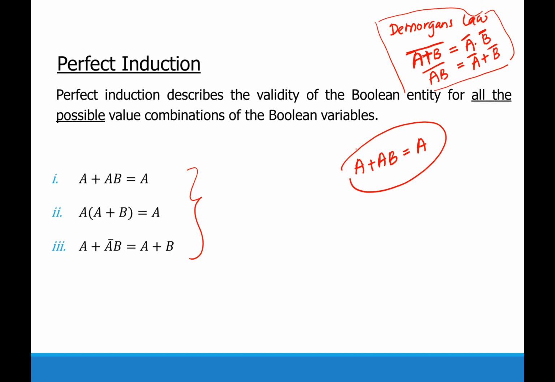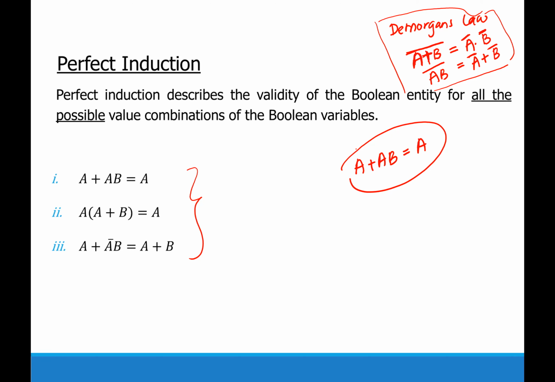Okay, there are several methods to show that, right? We are going to take one method. The one method is to prove this by using a truth table, okay?